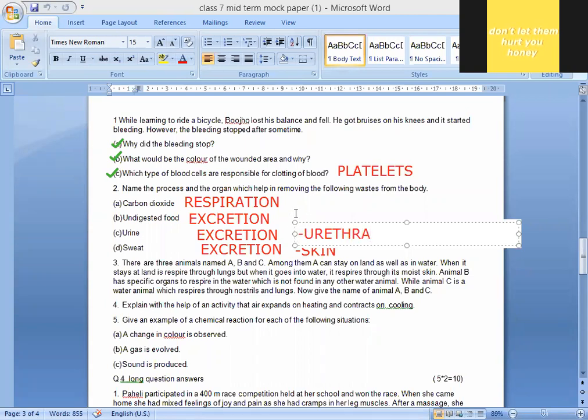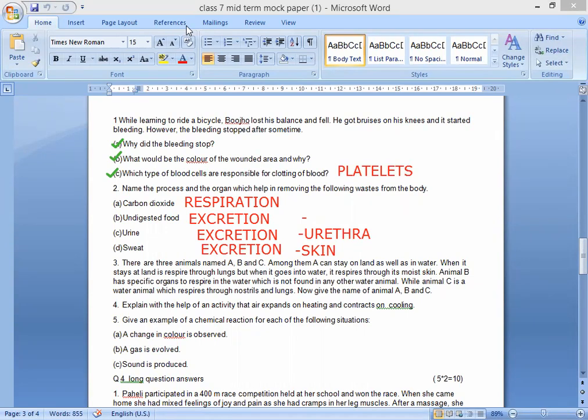Next, undigested food. Undigested food, that is small intestine? It's not true. Children, the rest of the children are not there in the class. You should reply.